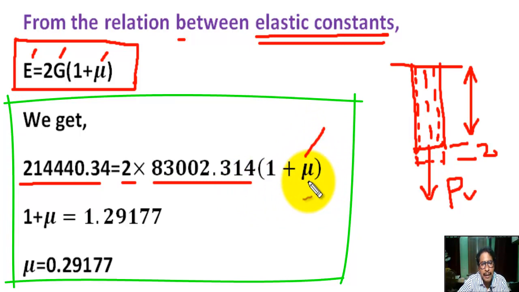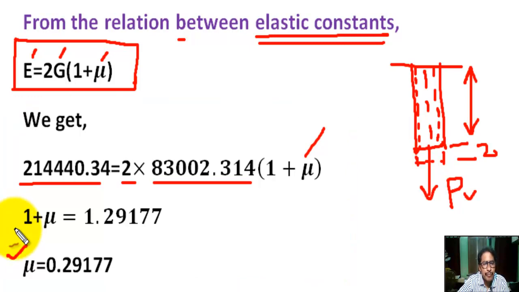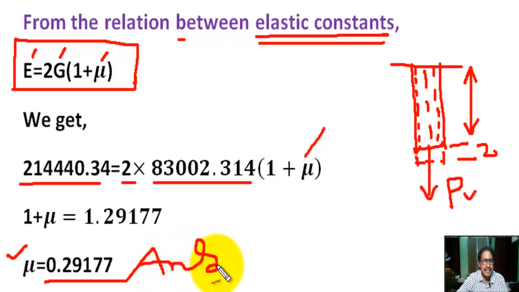We find out the value of mu. From this, by calculation, mu equal to 0.29177. This is unitless. Okay.